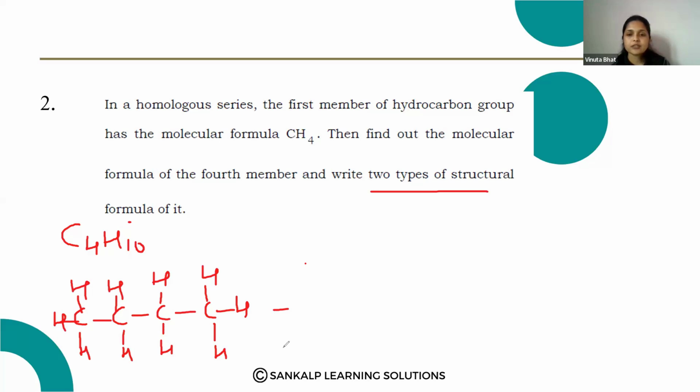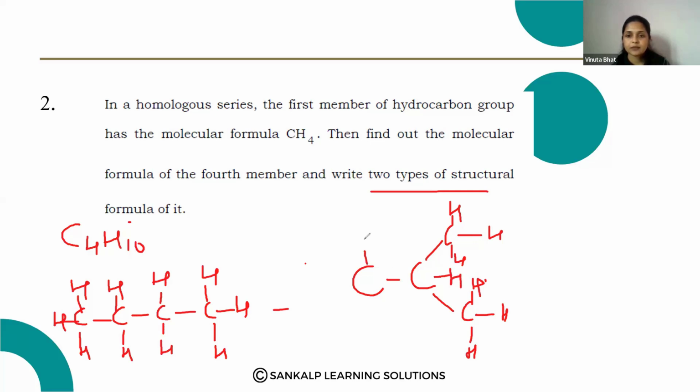So this is one type of the structural formula of butane, and one more type: 4 carbons, then fulfill the carbon valency with hydrogen. Here I will add 1 hydrogen.